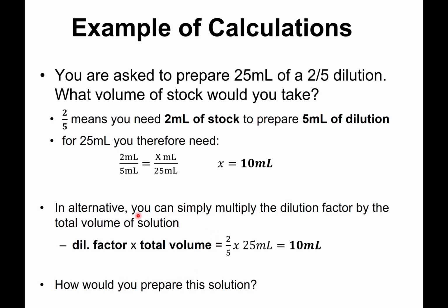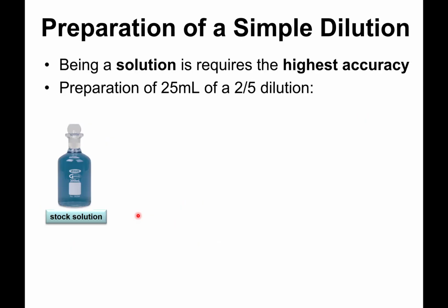Now, how would you prepare, practically speaking, this dilution? You have calculated at this point that you need 10 milliliters and you have to prepare a 25 milliliter dilution. So what would you do? Well, you will be starting from your stock solution. When you prepare a dilution, no matter what you are doing, starting from a precise stock solution, you never take a volume out directly from a stock solution.